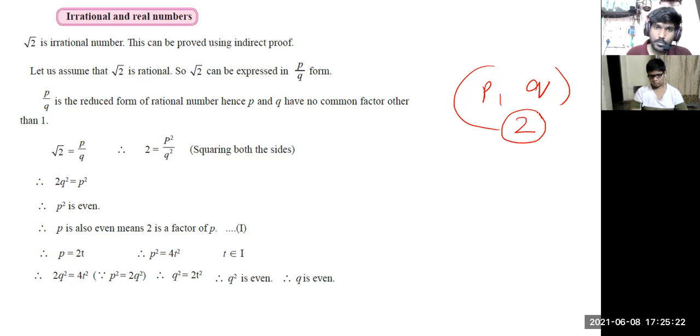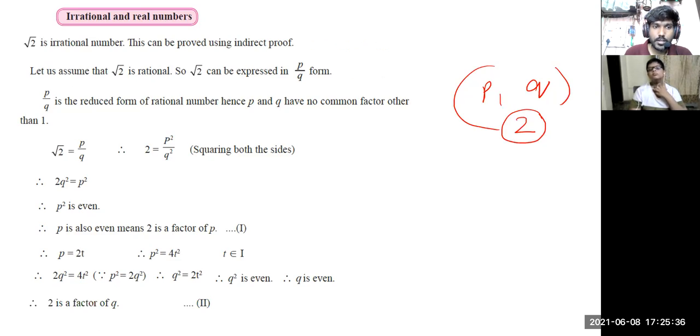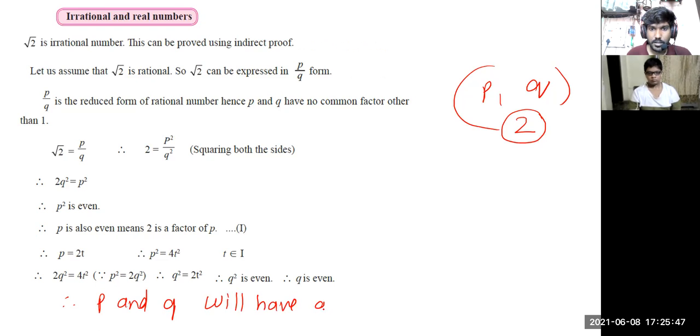So 2 will be a factor of p and q. So I'll just write here: therefore, p and q will have a common factor.